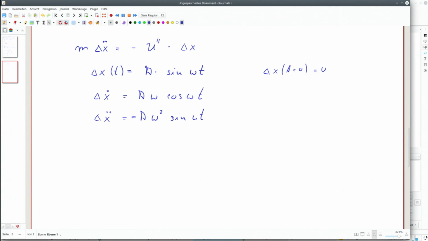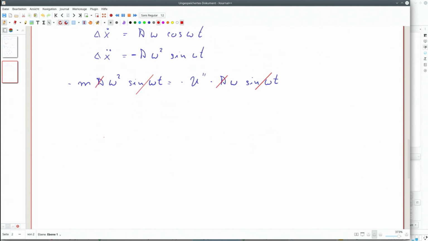If you put this in here, A omega squared sine omega t is to be minus u double prime A sine omega t, and many terms cancel out. Oops, sorry, this omega is not.